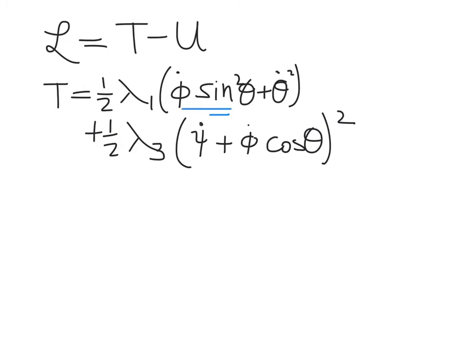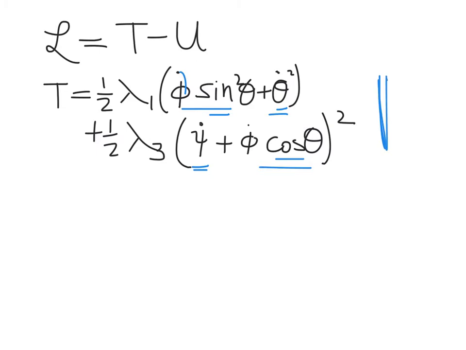This term here has to do with kinetic energy associated with the phi dot. And there's an additional term down here associated with phi dot motion. There's a term here having to do with theta dot motion. So that's going to turn out to be the nutational motion that we'll see. And then finally there's a term down here having to do with motion along the psi direction. So this is our kinetic energy.